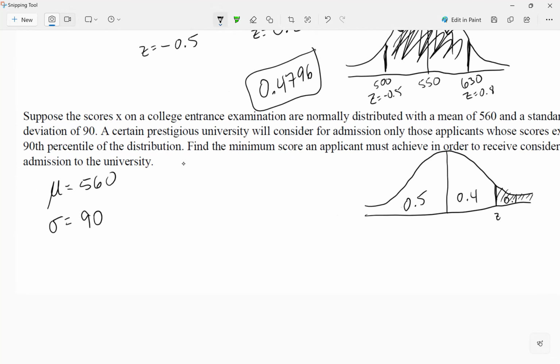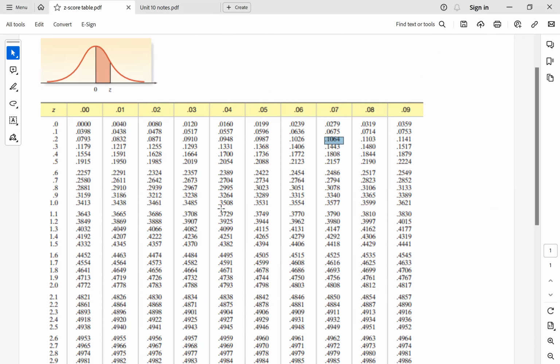Okay, 90th percentile. So I'm looking at my z-scores, 0.4. I want to know what's the z-score that gives me 0.4. Because remember, the number that it gives me on the table is the area in between my z and my mu. So I'm looking for the value in the table that exceeds, so it's more than 0.4. I don't see a 0.4, but I see a couple of values.